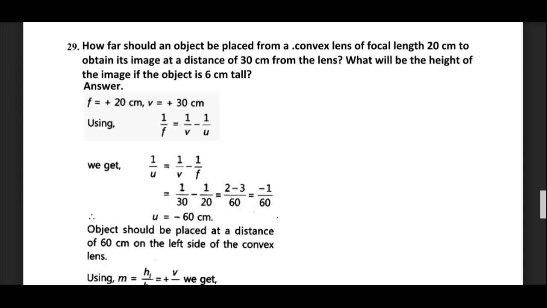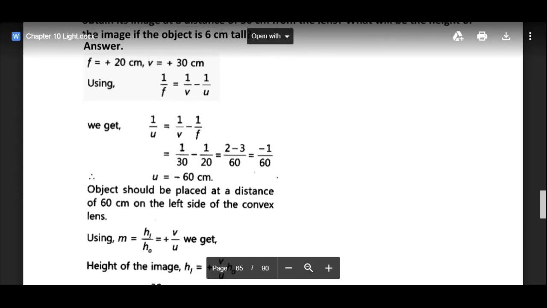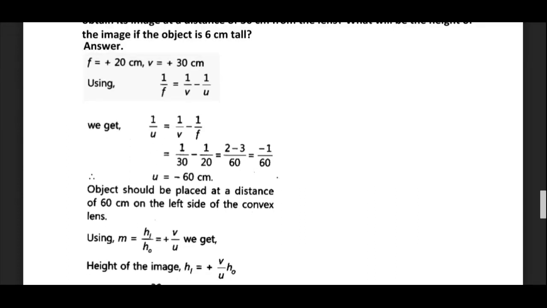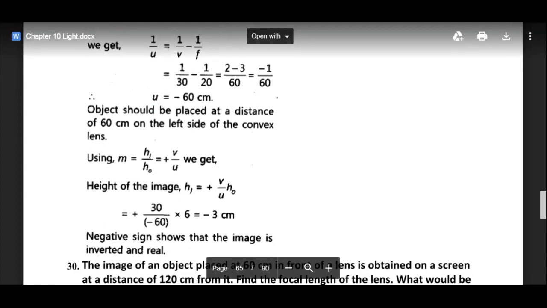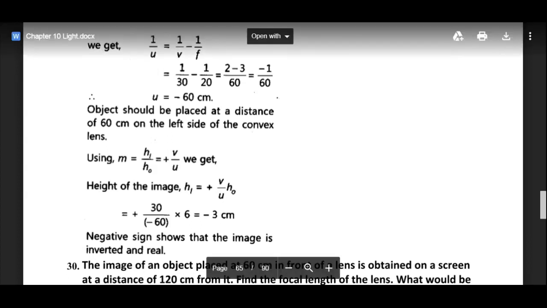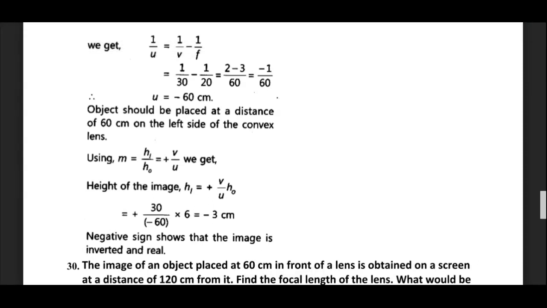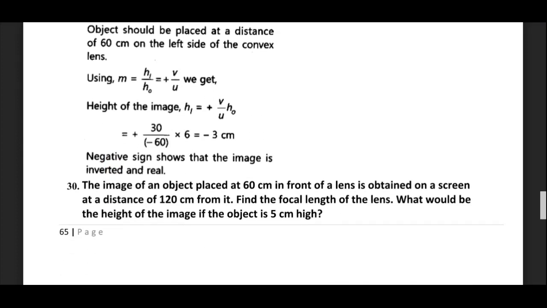So we have to find the value of u, by the lens formula obviously. 1 by f is equal to 1 by v minus 1 by u. The value of u comes out to be minus 60 centimeter, and we have to find out the height of the image. In order to get the height of the image, we have to use this formula. So hi is equal to v upon u into h naught. That comes out to be minus 3 centimeter. Negative sign shows that the image is real and inverted, right?